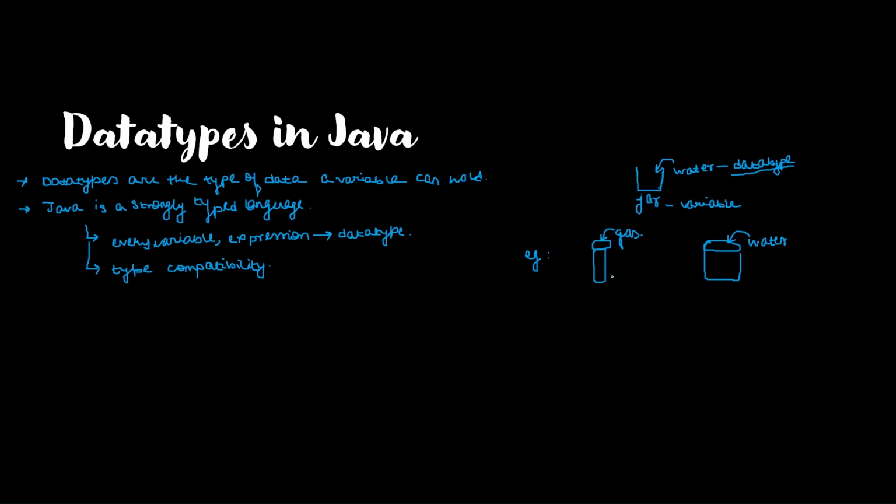So this is what type compatibility talks about. It says that given a container, you should specifically use it for the type of thing it can hold.